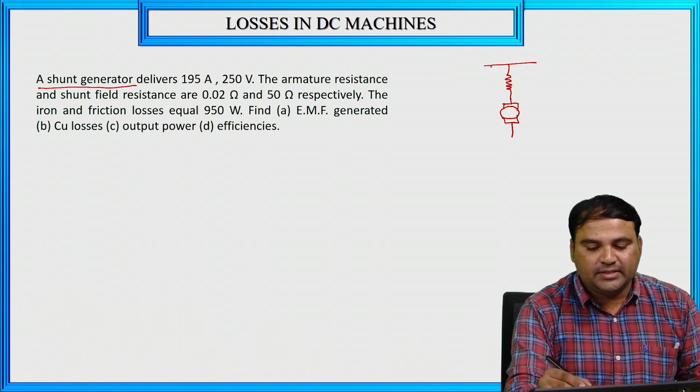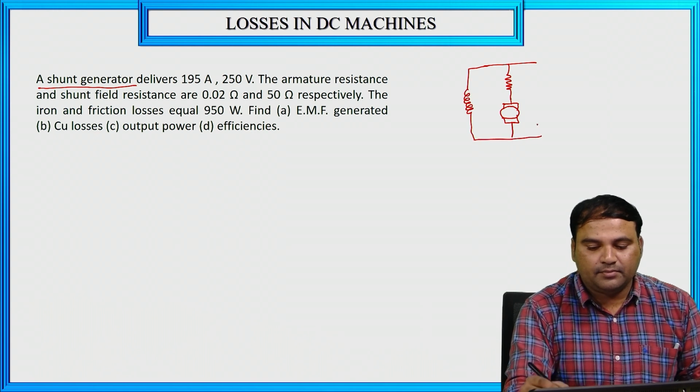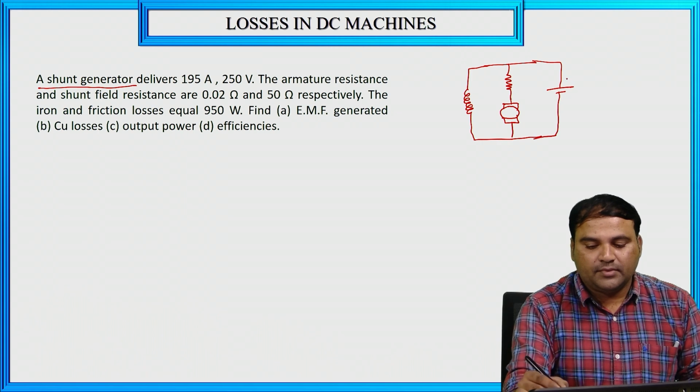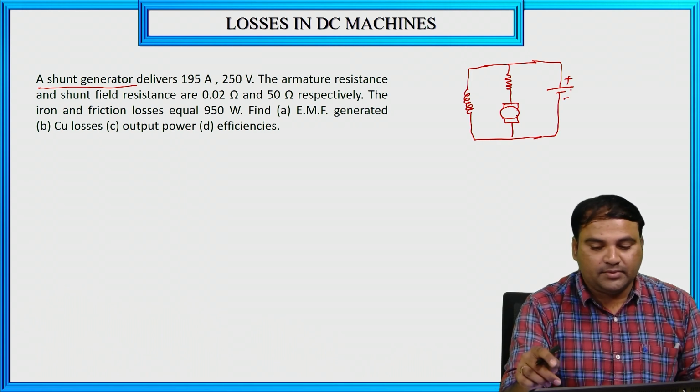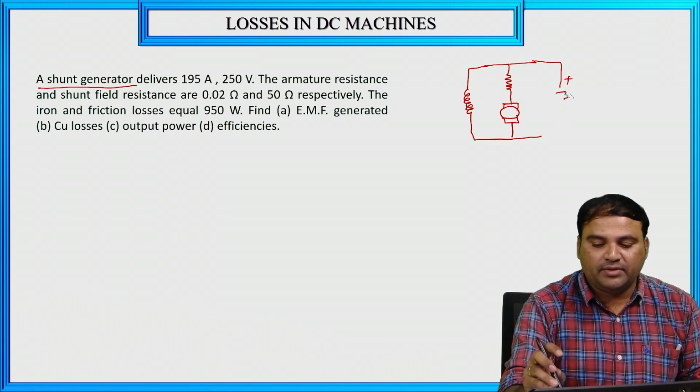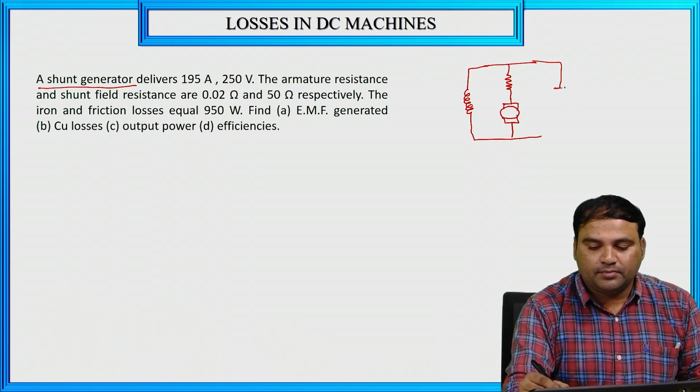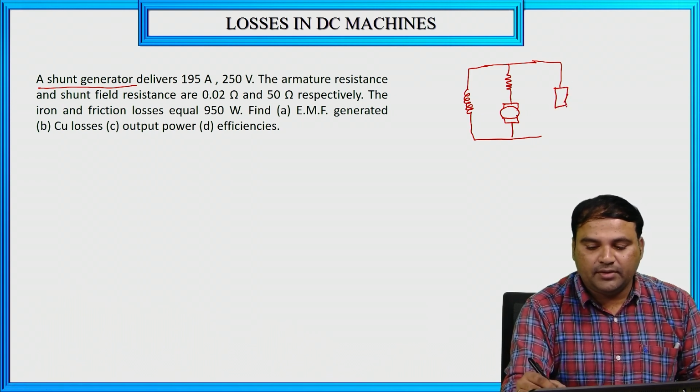So this is the shunt type generator. Plus minus, generator means we have to give the load. So here we are having the load.